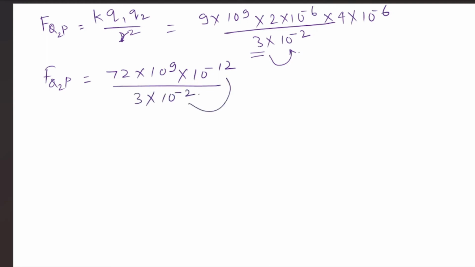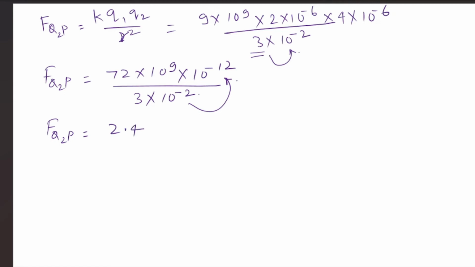So 10 power 2, again it goes up, it will cancel just minus 2. So 10 power minus 10 would be left here, and we can write F Q2P is equal to, now we have to divide 72 by 3, so we should get how much? 2.4.